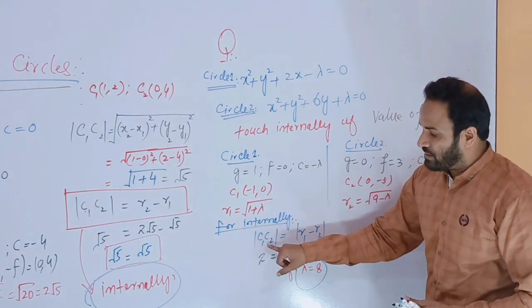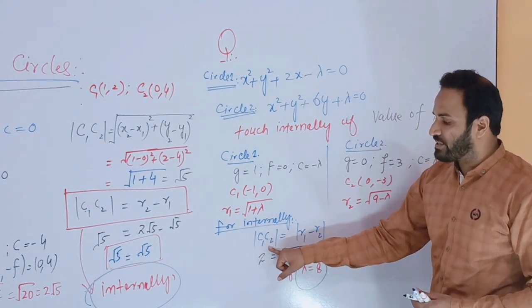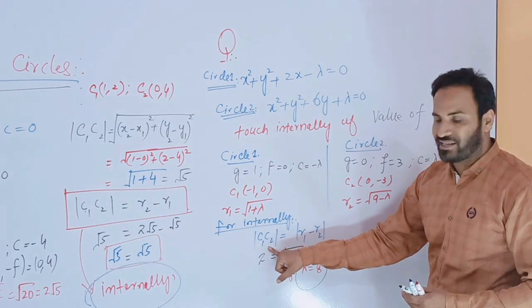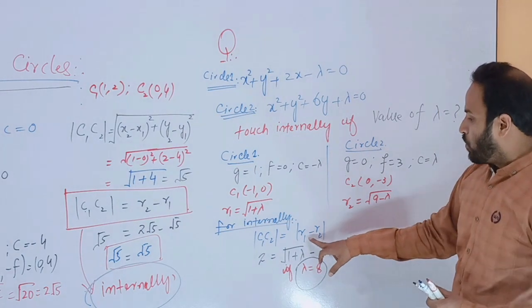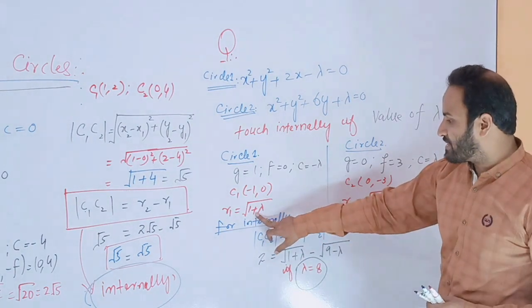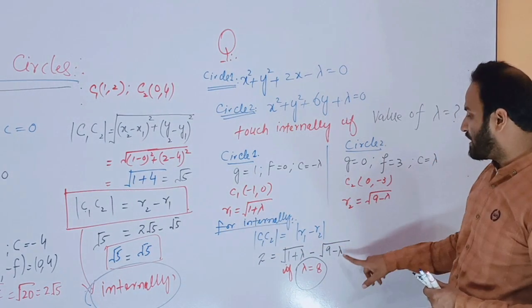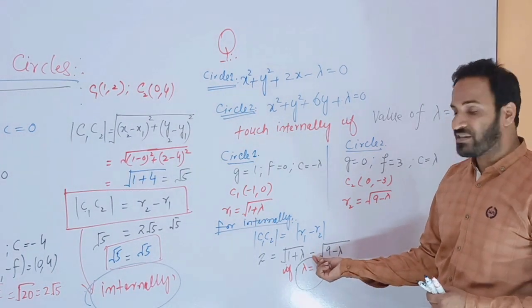Using the distance formula, the distance between center 1 and center 2 of the corresponding circles is 2. This should be equal to, what is r1? That is 1 plus lambda. What is r2? 9 minus lambda. So we take the difference.